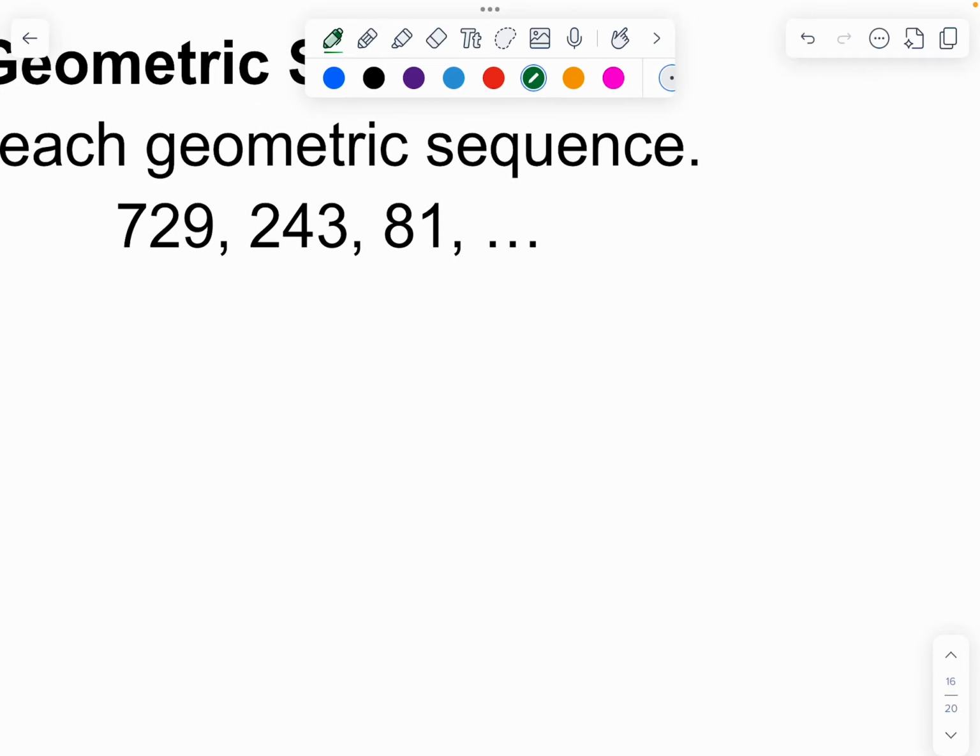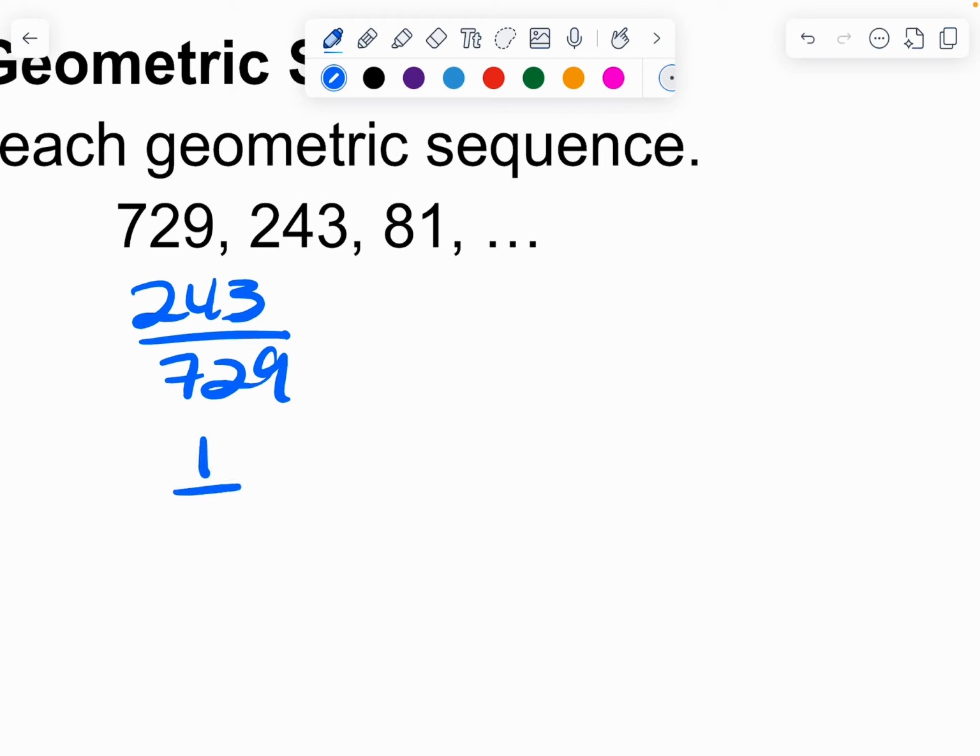On this one, I'm going to take 243 and divide it by 729, which gives 1/3.